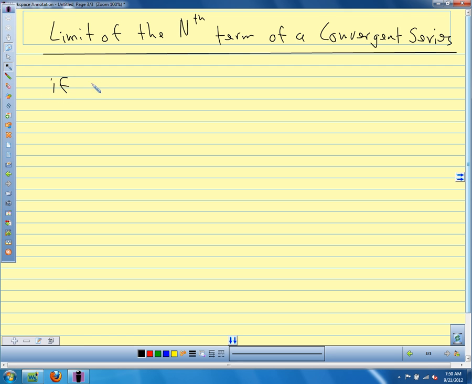So if our series, the sum of a sub n, converges, then the limit as n approaches infinity of a sub n, our nth term, is 0.